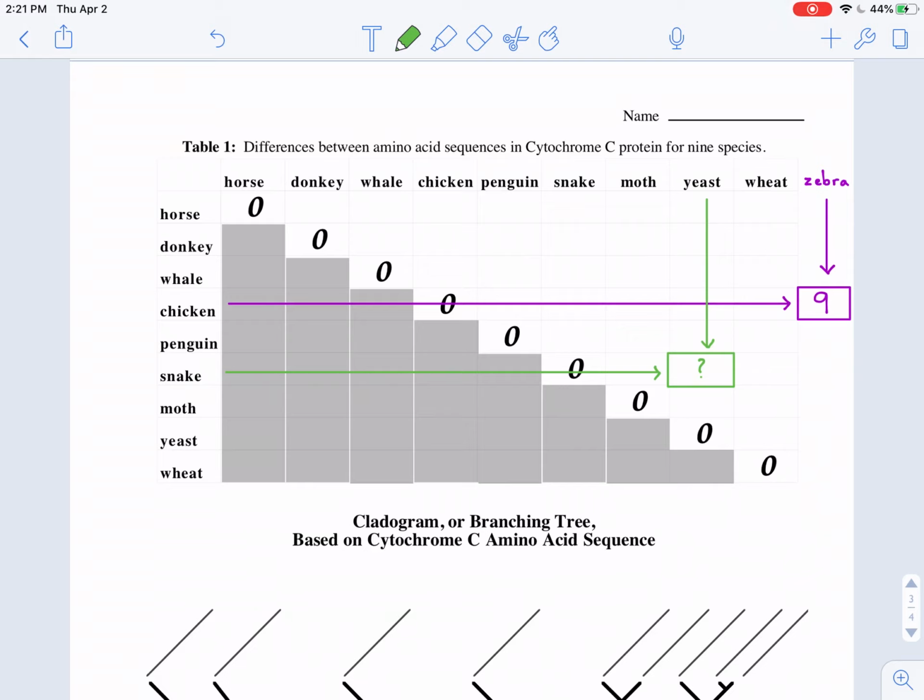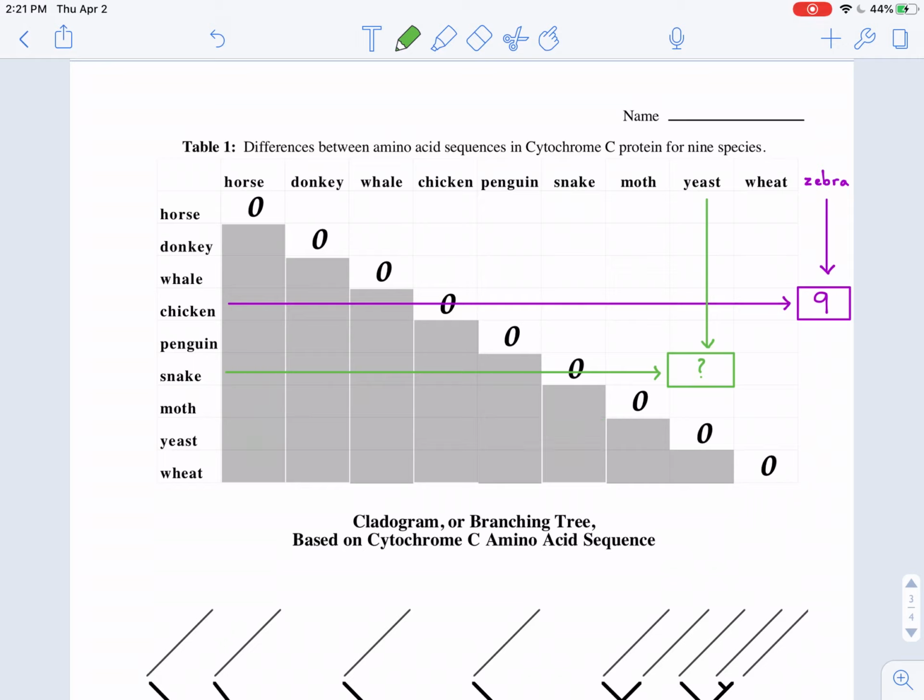You don't need to worry about these. These are shaded out because they would just be repeats, right? For example, the yeast and snake box, you can see I've highlighted in green. Why would I do it twice? That is also where yeast and snake meet, so that's why they've shaded everything out on one side there.